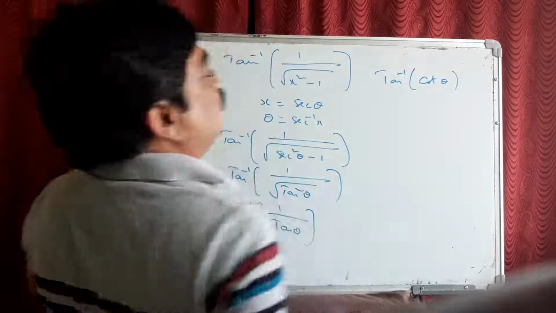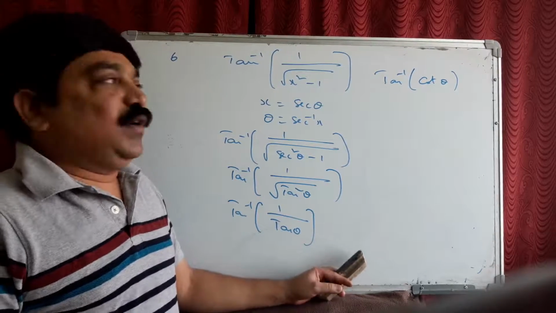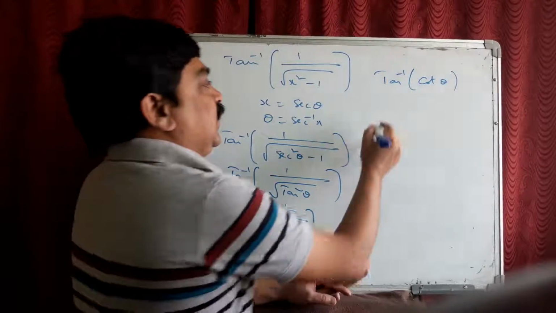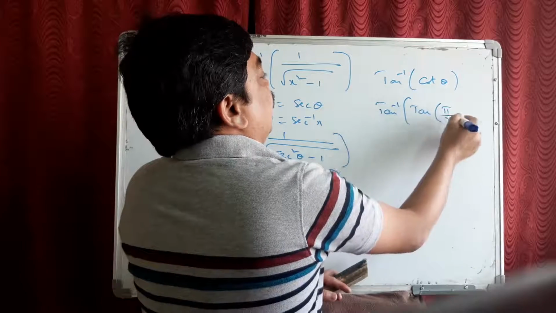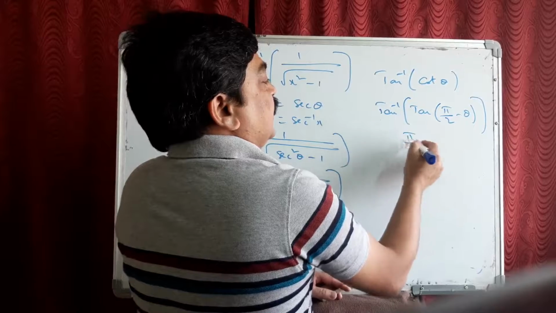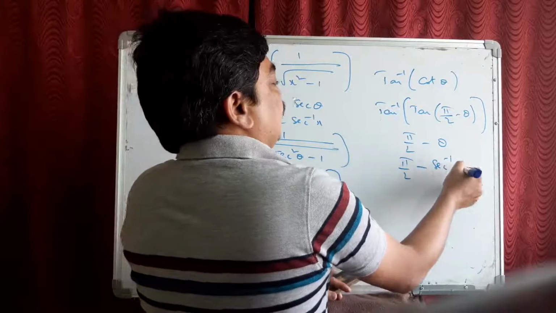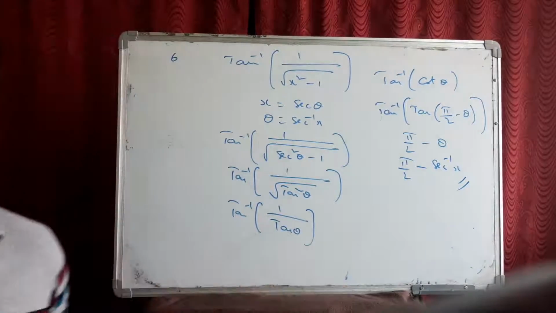You can't cancel here. You can cancel if it is tan inverse of tan or cot inverse of cot. But if one is tan inverse and the other is cot inside, then we change the inside value in terms of tan, like tan of pi by 2 minus theta. Then tan inverse of tan gets cancelled, giving pi by 2 minus theta. What is theta? Secant inverse x. Pause the video, go through it carefully, okay?